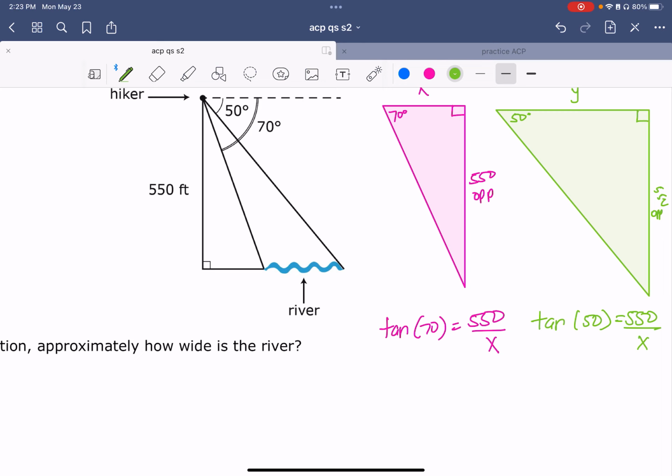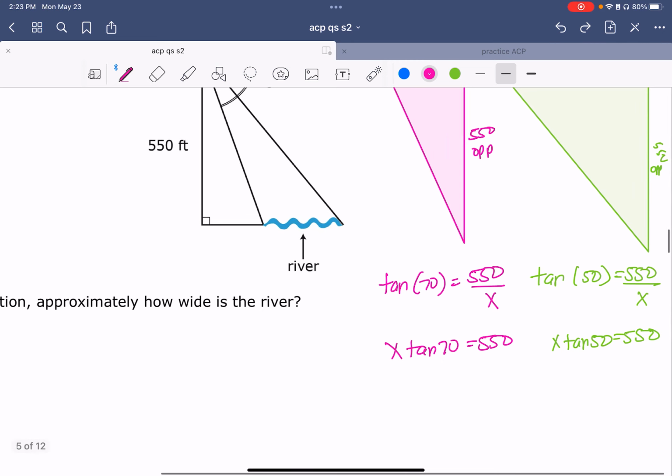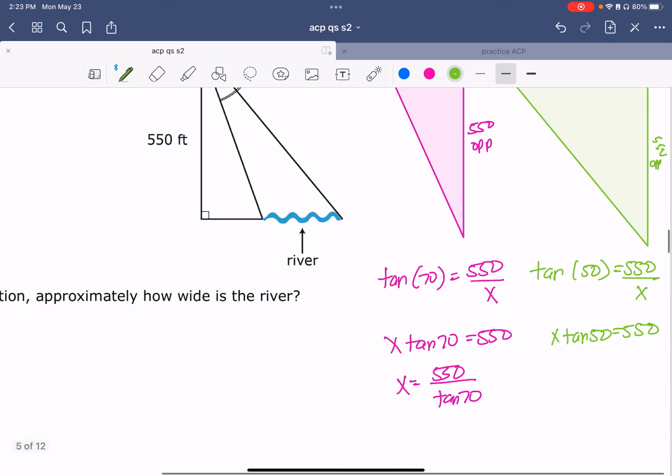You would cross multiply on both of them, so you get x tan 70 equals 550, and x tan 50 equals 550. To get x by itself, you divide out the trig function with the angle, and then you put that in the calculator.